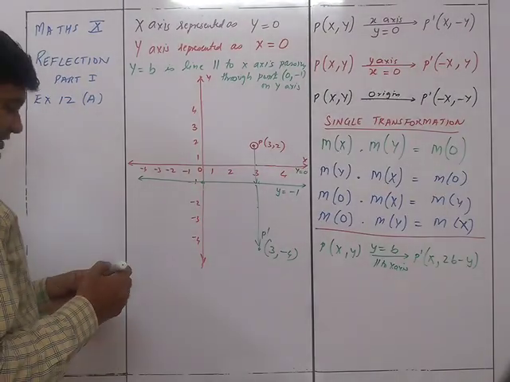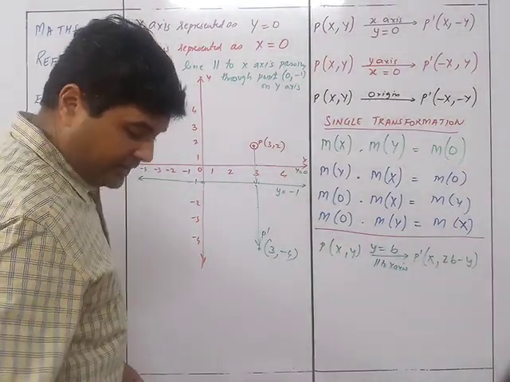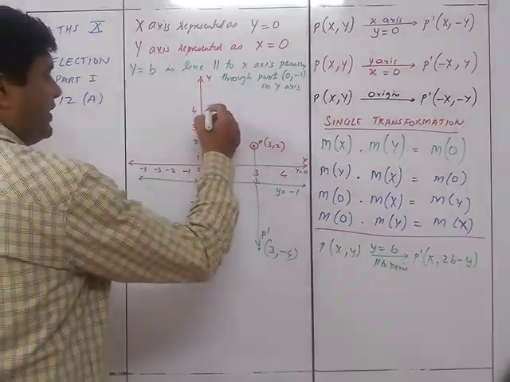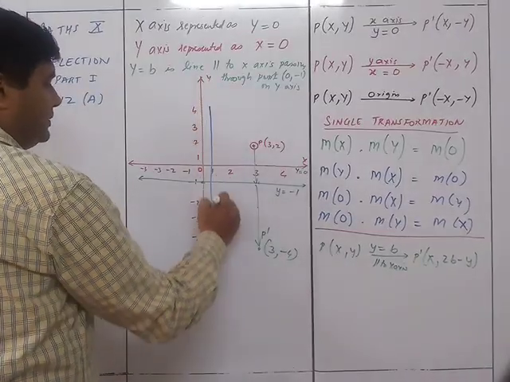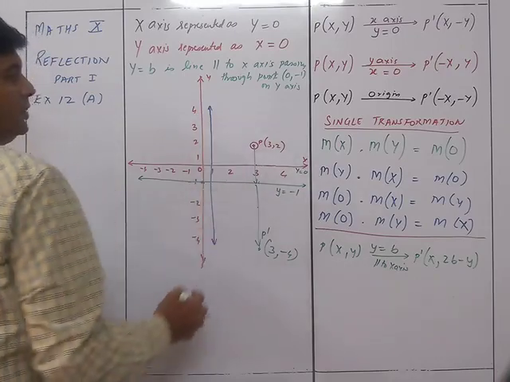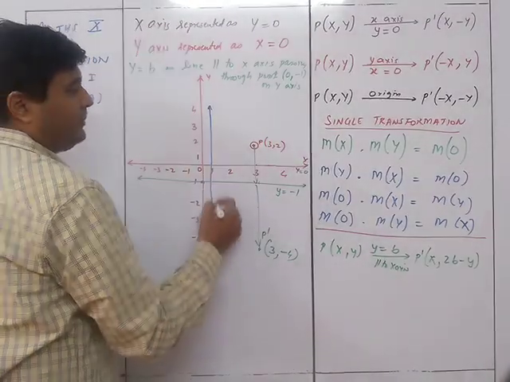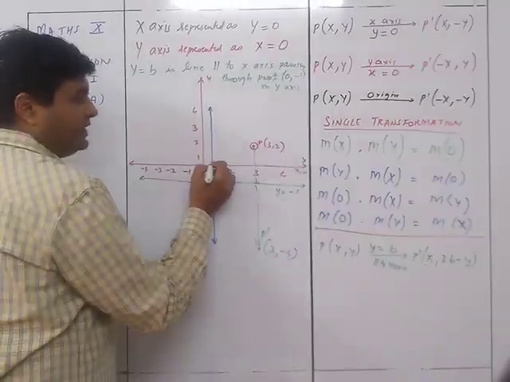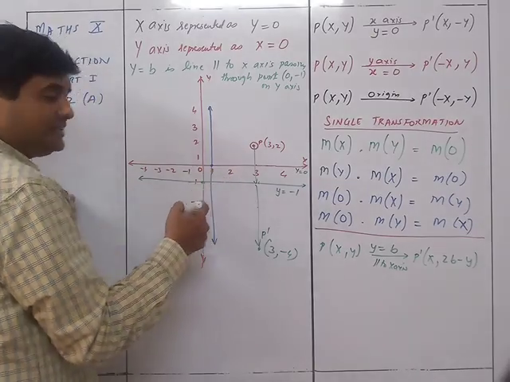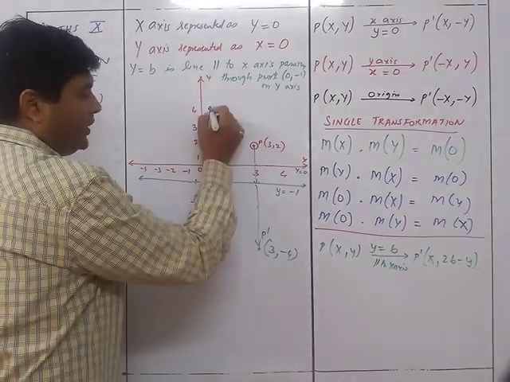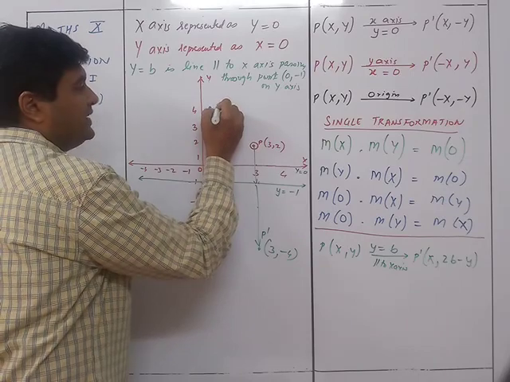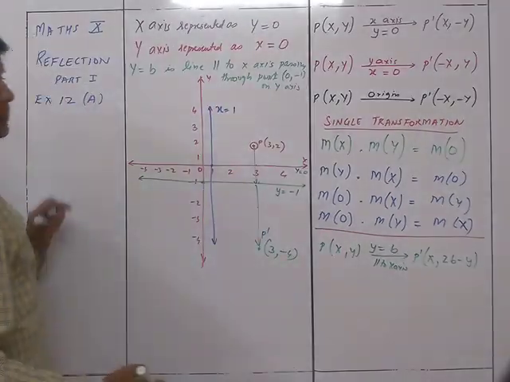Now the same thing, let's take another one. The line over here is going to be at a point here. If this is a line, so this will be represented by what? You can easily identify that this is passing through (1, 0). So every point over here has x equal to 1. So this is x = 1.